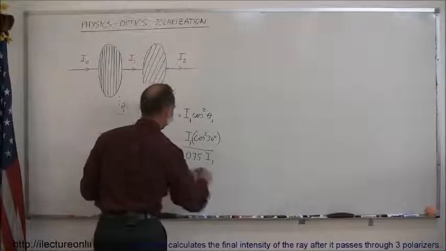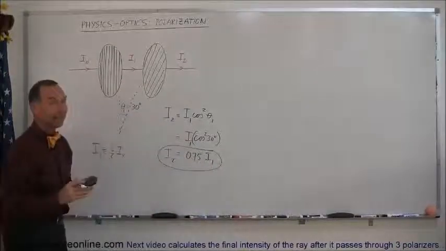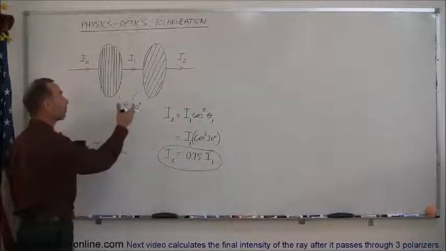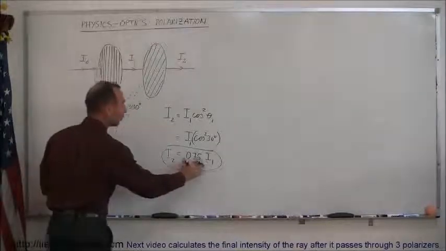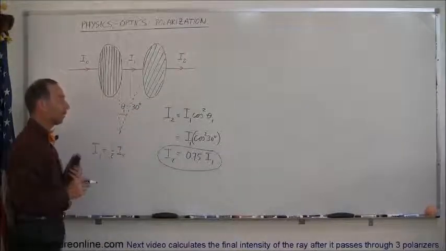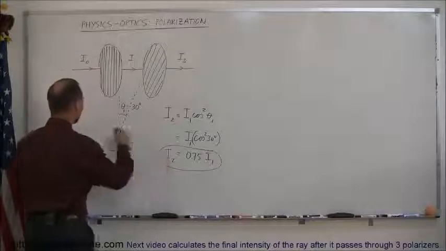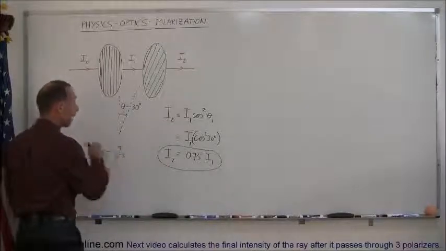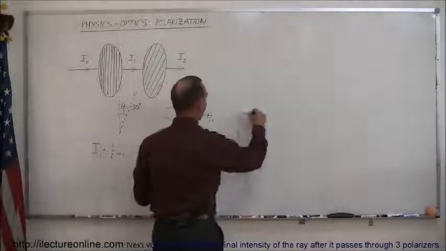Which means if there's a second polarizer behind the first one, and that polarizer is angled at 30 degrees relative to the first one, then you lose some additional intensity. Now, what will I sub 2 be in terms of I sub 0?